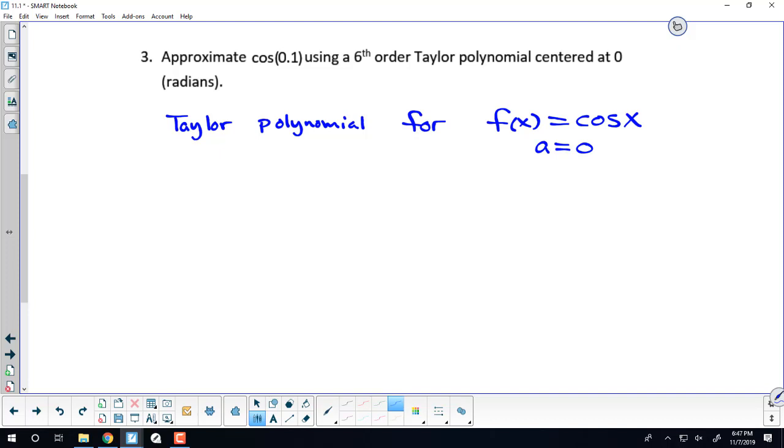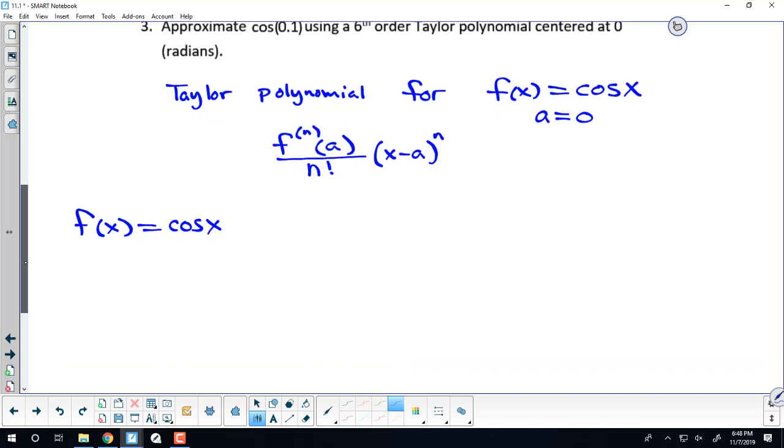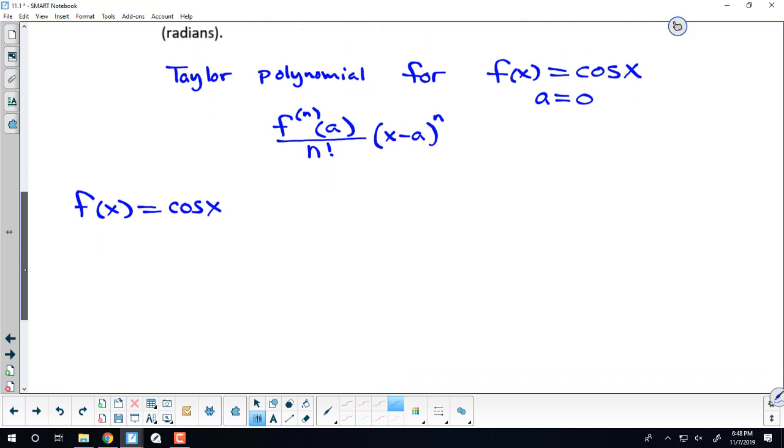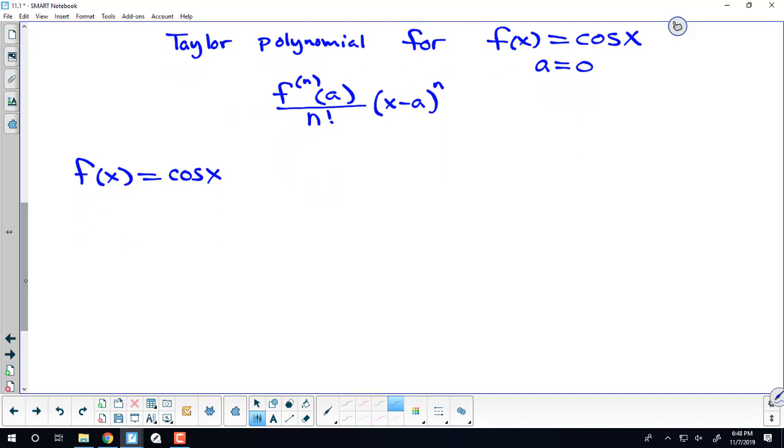And remember the general term here: the nth derivative evaluated at a, or 0, excuse me, over n factorial times x minus a to the power of n. So we have our function. We need to evaluate that at the center as well. And then we need to find all the way up to the 6th derivative, because we're after the 6th order polynomial.